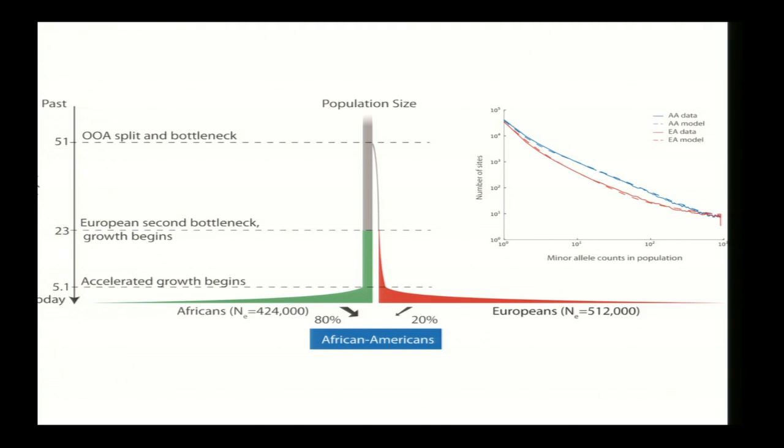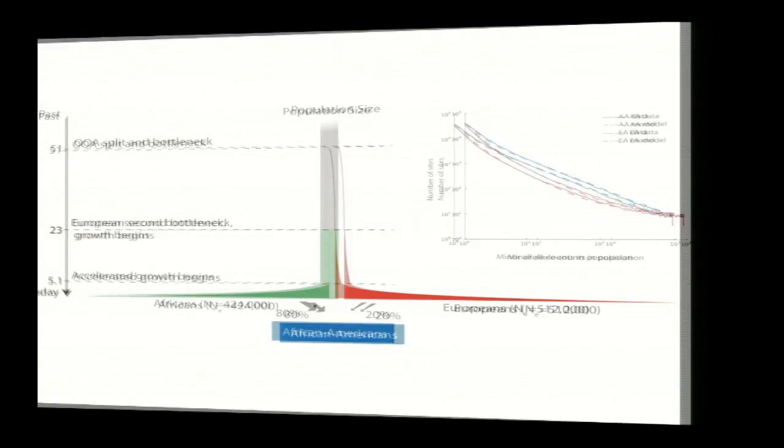However, there was a bottleneck when ancestors of current European population left Africa, and this had dramatic signature on site frequency spectrum. So if we look at how many sites have certain allele frequencies, these curves are different between Africans and Europeans, and we think that they reflect primarily difference in demographic history. Right? So that's another important consideration when we think about maintenance of complex traits, and of course selection is the key factor.